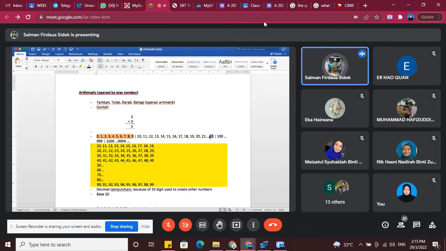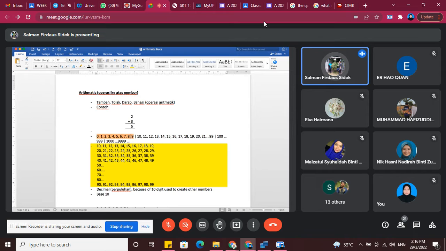As we know, if you use decimal numbers, 4 plus 2 is 6, because we need to jump 2 steps forward. 4 plus 2, 2 steps forward, so we get 6.